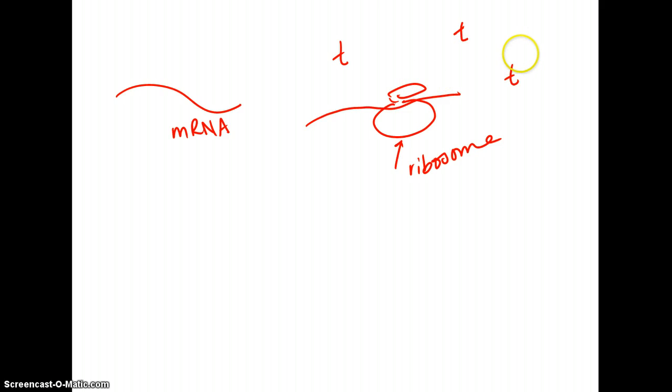And these tRNAs actually have amino acids attached to them, and very specific amino acids. So tRNA1 will attach to amino acid 1. tRNA2 will get amino acid number 2, so that this tRNA has a very specific function in that it brings a very specific amino acid to a very specific spot on the mRNA.